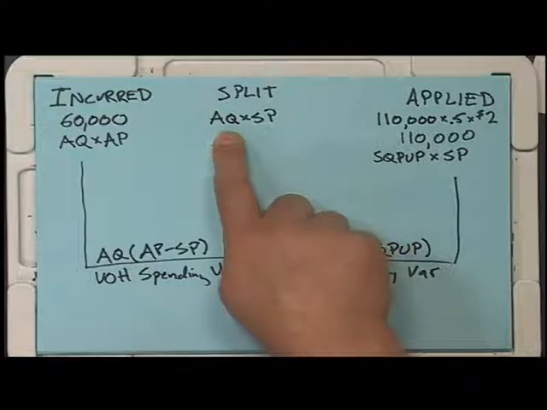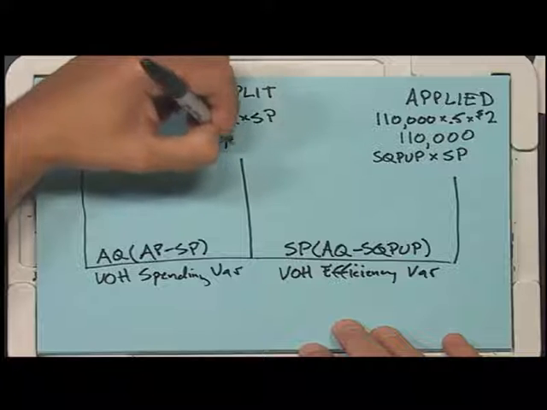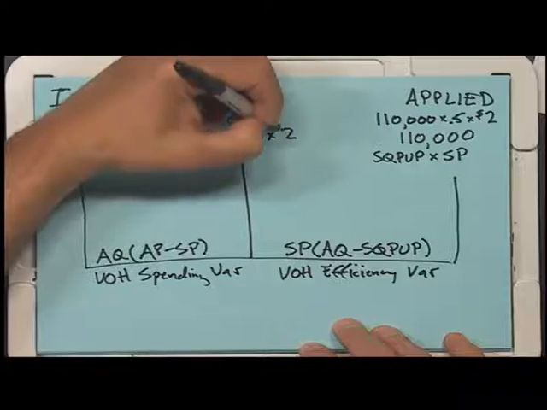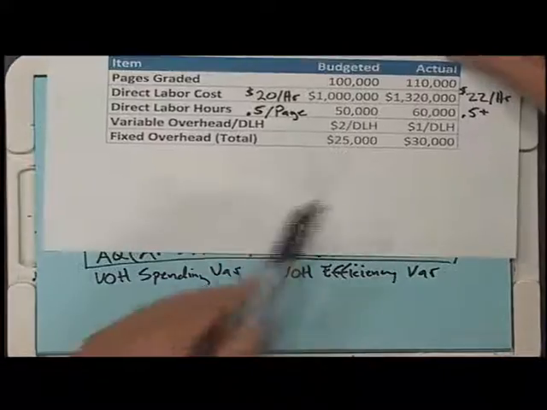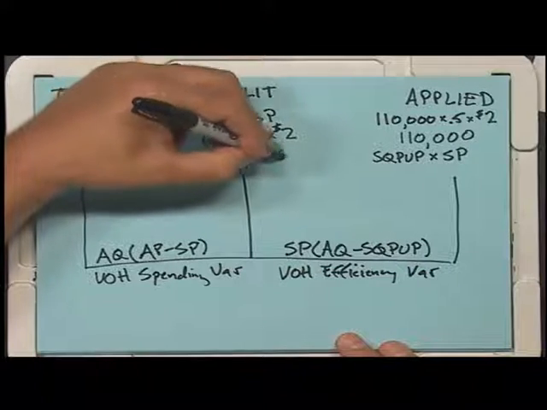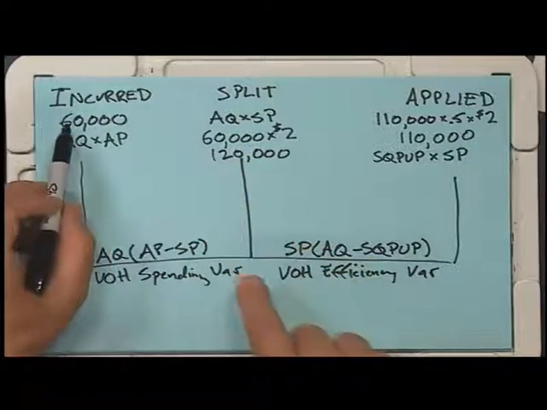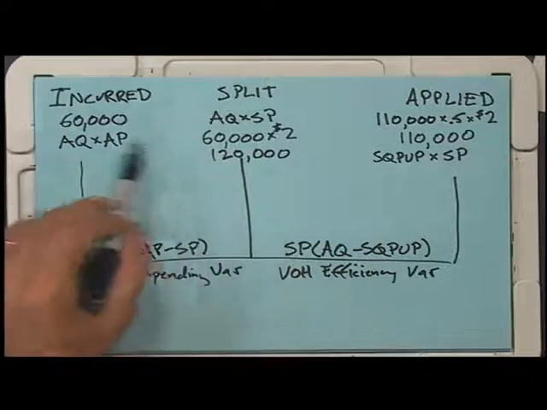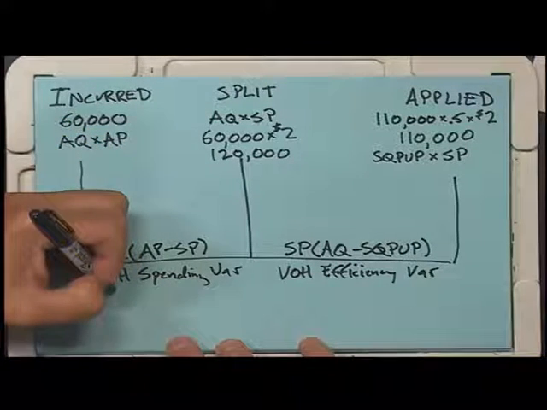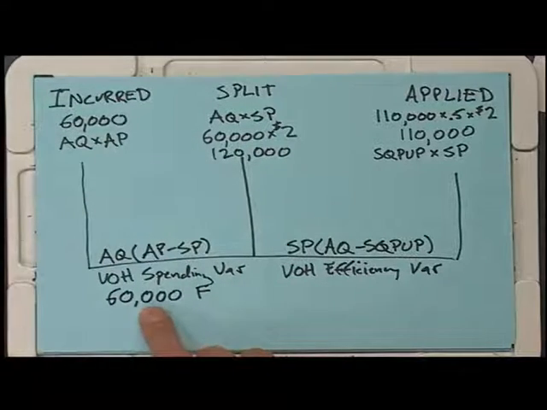Okay, so our actual quantity here is 60,000 hours, and the standard price is the $2 per hour that we budgeted for. So here we have 120,000. And so now what you can see is that by saving that dollar for each of 60,000 hours, we actually have a $60,000 favorable spending variance.